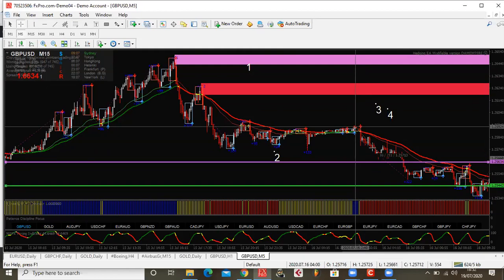Now, this is if you have 0 spread. If you have spread, then you have to wait for longer. Rather than 11 pips right there, you probably have to wait for like 15 to 16 pips right here. But entry 3 and 4 are out of the way.